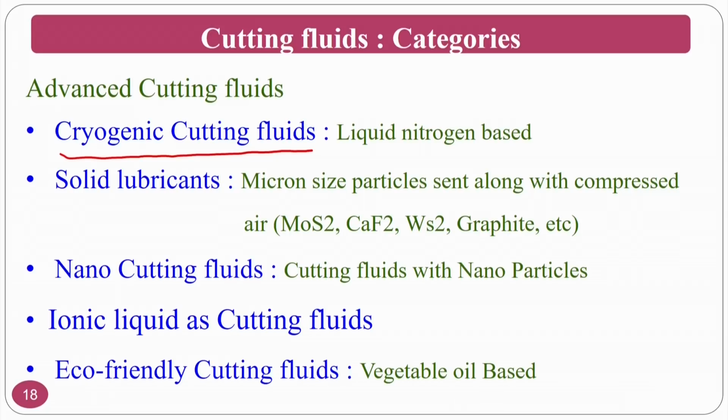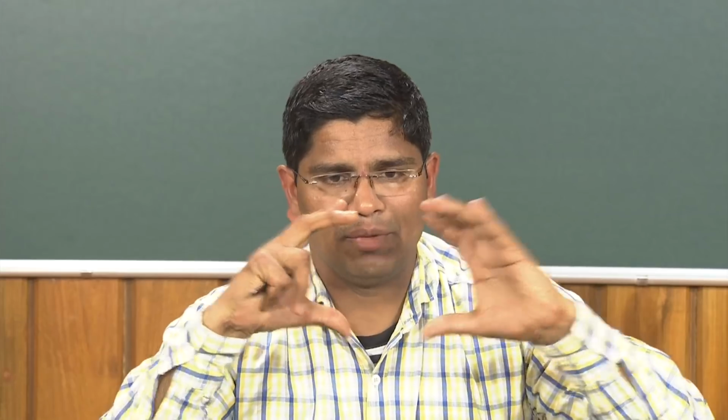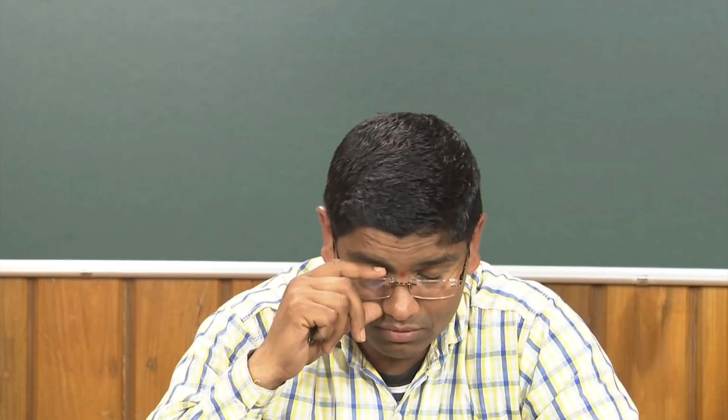So the second variety is solid lubricants. It cannot be a big solid. Normally these solid lubricants are solid nanoparticles or microparticles. You mix them externally or internally with air, and you can send them to the machining zone.